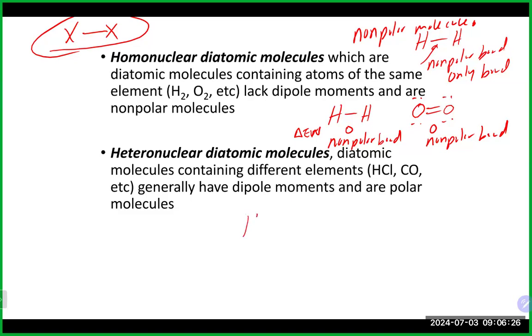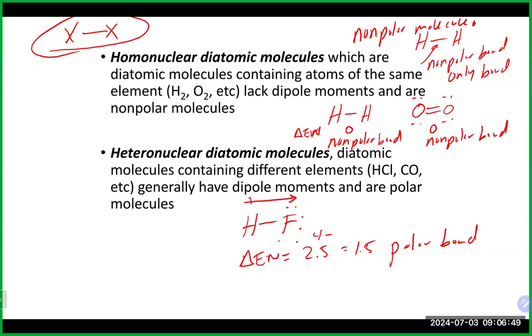If we swap it out for, say, something like HF, as we've seen before, this HF is a polar bond, with a difference in electronegativity of somewhere like 4 minus 2.5, 1.5-ish. And this is going to be a polar bond. If we drew our little dipole arrow, it should be heading towards the fluorine.